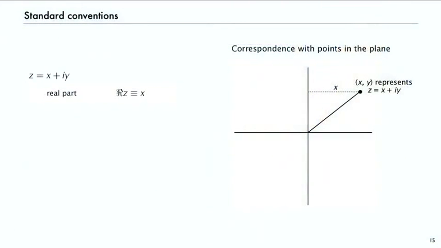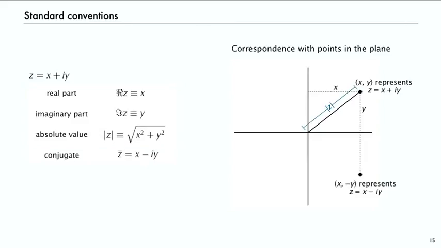We refer to the real part of the complex number, Re(z), and that's the x part. And we refer to the imaginary part, that's the y part. Then the distance from the origin, the square root of x squared plus y squared, is called the absolute value of the complex number. How far it is from the origin is in some sense how big it is.